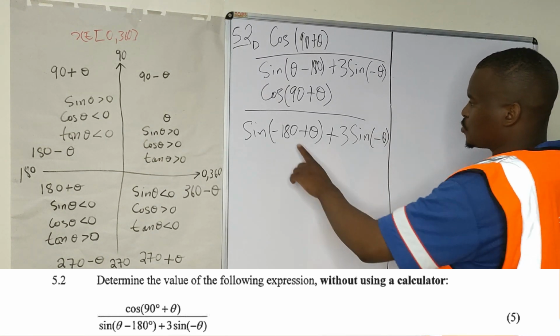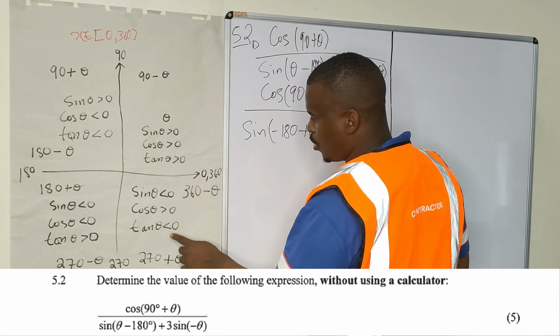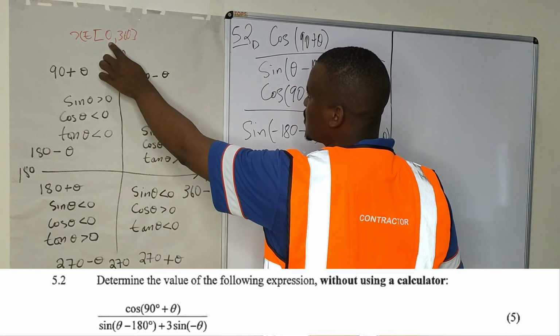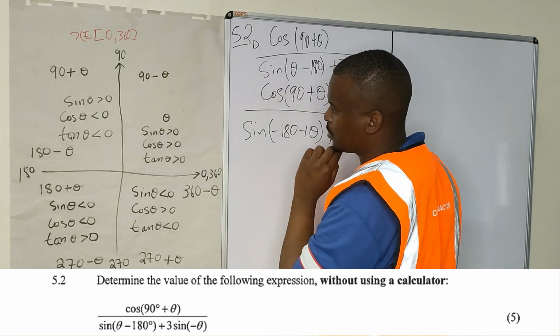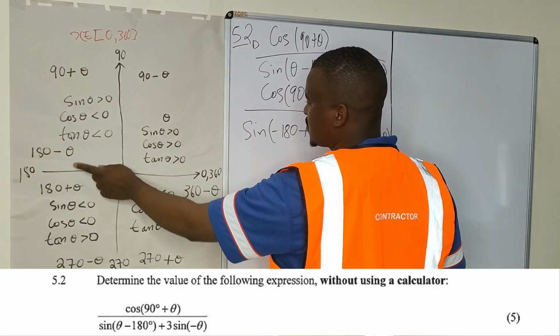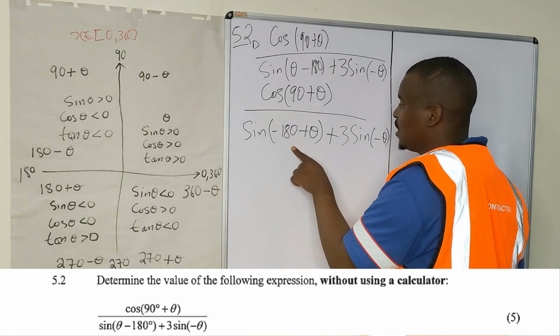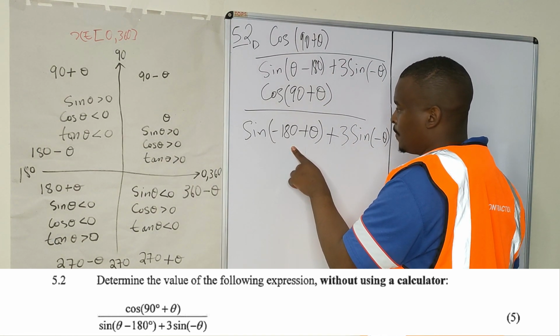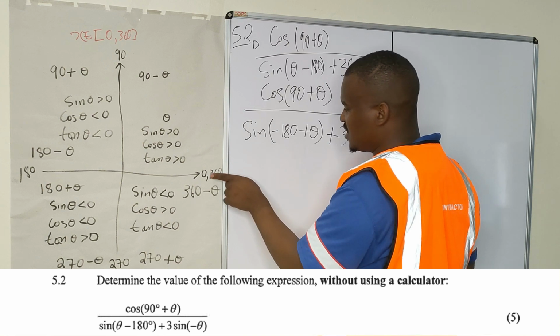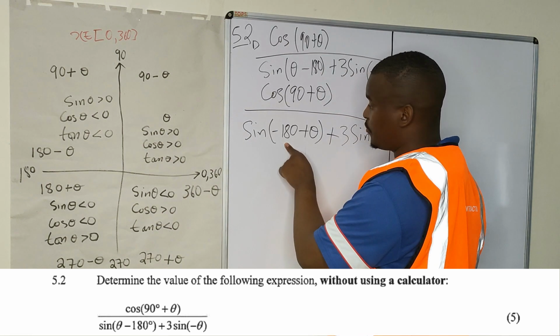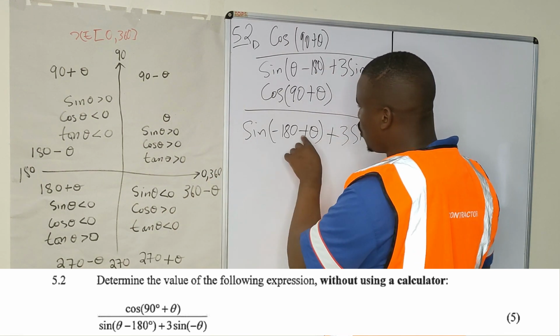No, I'm not happy with this one because I don't have this between 0 and 360. Because I have positive 180 minus and positive 180 plus. I don't have minus 180 plus something. Because this one is below 0.